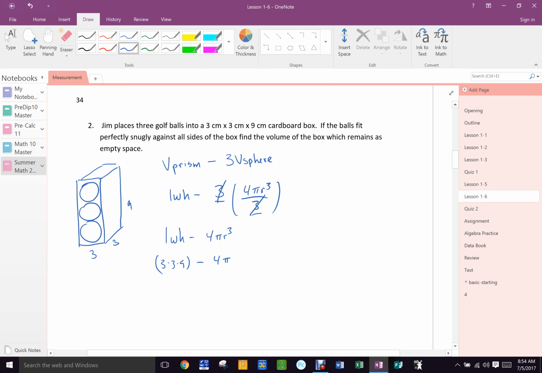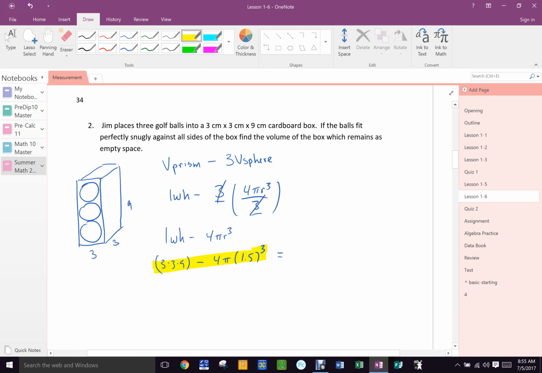Because this always messes people up when I give this question. What's r? 1.5. And then you just punch that into your calculator. Now again, I remind you, if you get to here and the question is out of 3, and you do everything right to there, you're still getting 2 out of 3. Because this isn't calculator 10, right? Everybody with me?